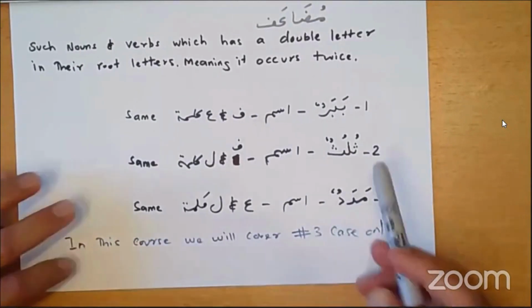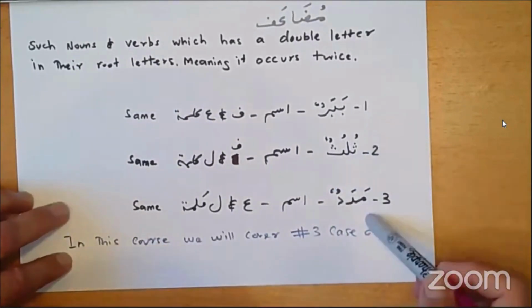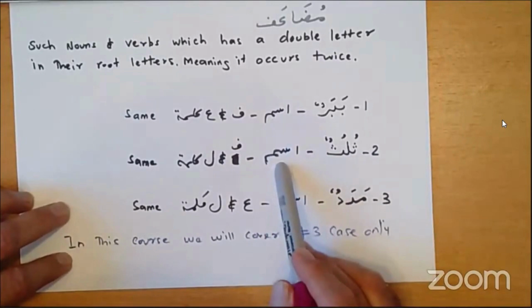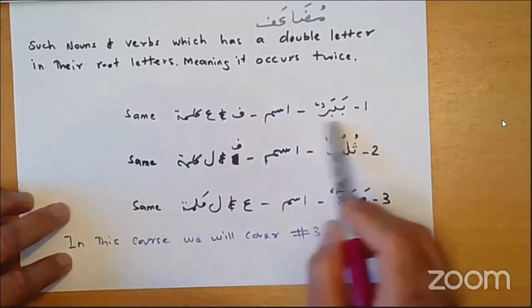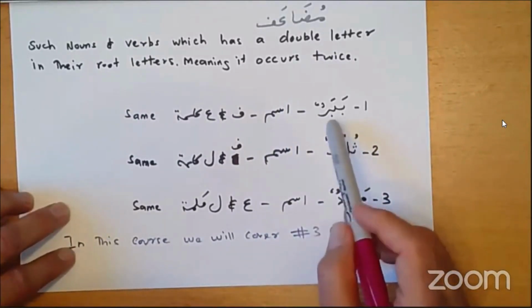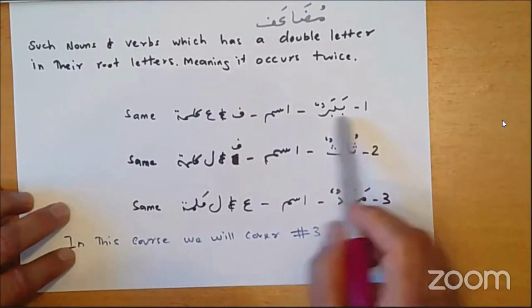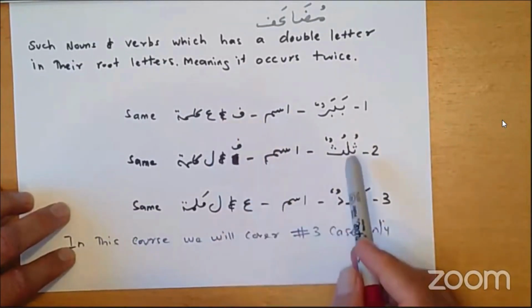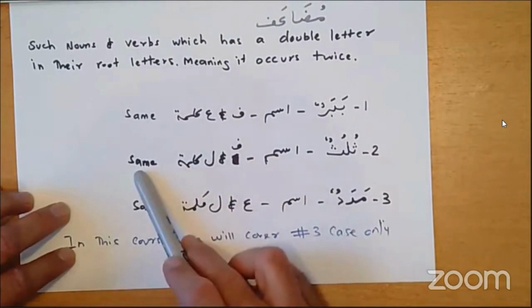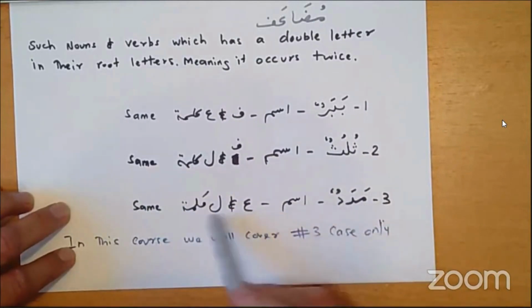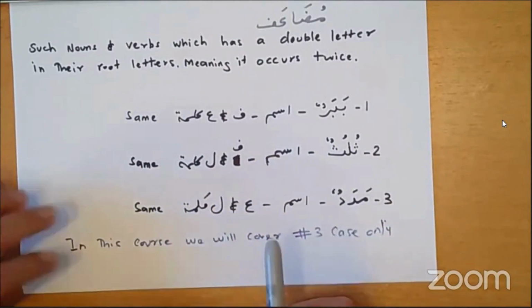Now, in order to understand this, first, it doesn't matter whether it's ism or verb, we need to know what the situation is. The situation is the two root letters could occur in the fa and ain kalima, or in the fa and lam kalima, or in the ain and lam kalima. Agree?